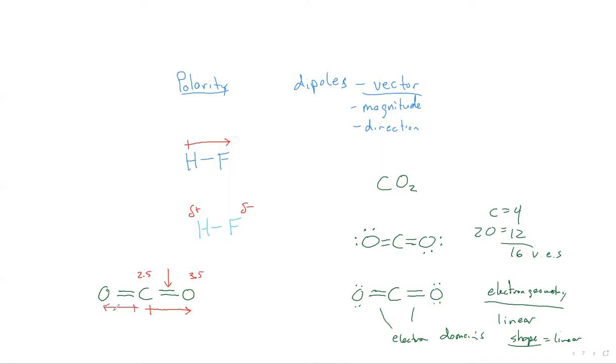But you can see that since the shape is linear, these are 180 degrees apart. The direction of these dipoles is completely opposite. So these dipoles actually cancel because they're pulling in equal and opposite directions.